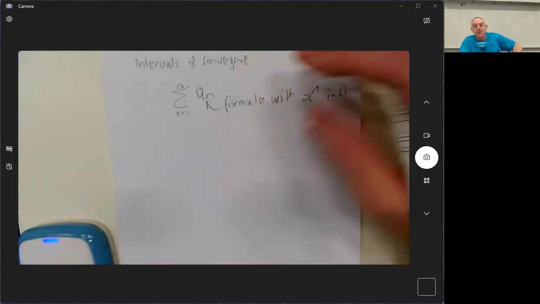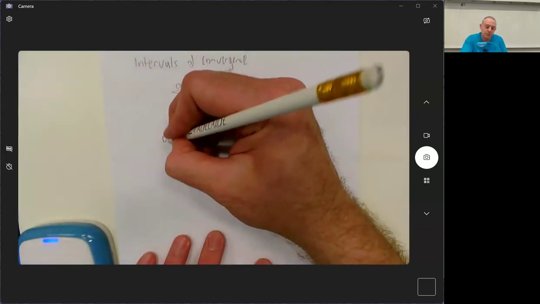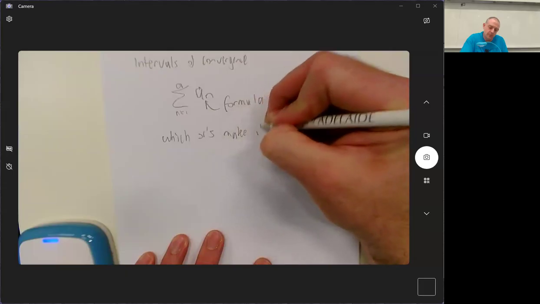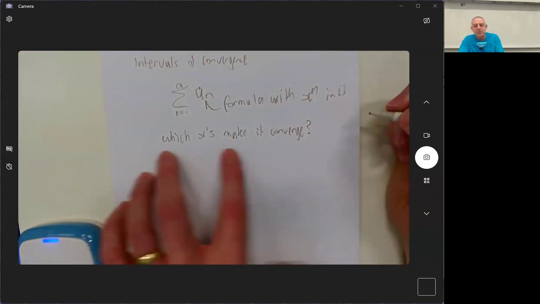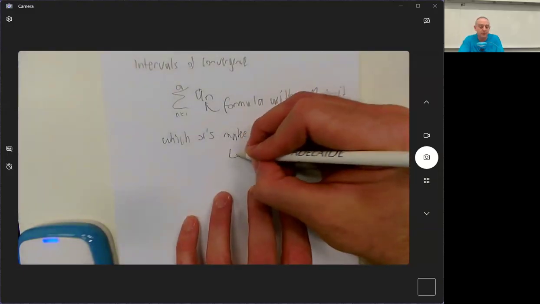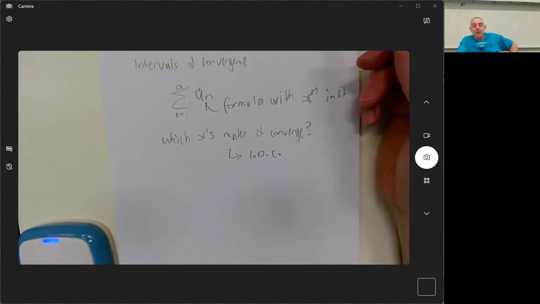And you're supposed to decide which x's make it converge and which x's don't. Which x's make it converge? The answer to that is the interval of convergence. The theory says it actually is an interval.